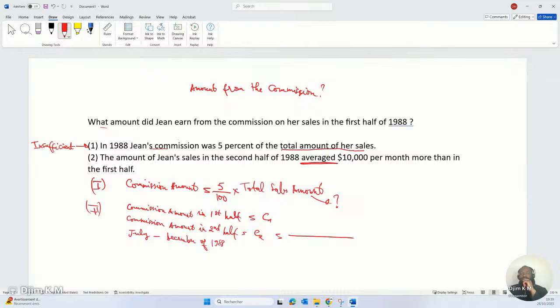Okay, so this is equal to the sum of sales from July to December divided by 6, which is equal to C1 plus 10,000.